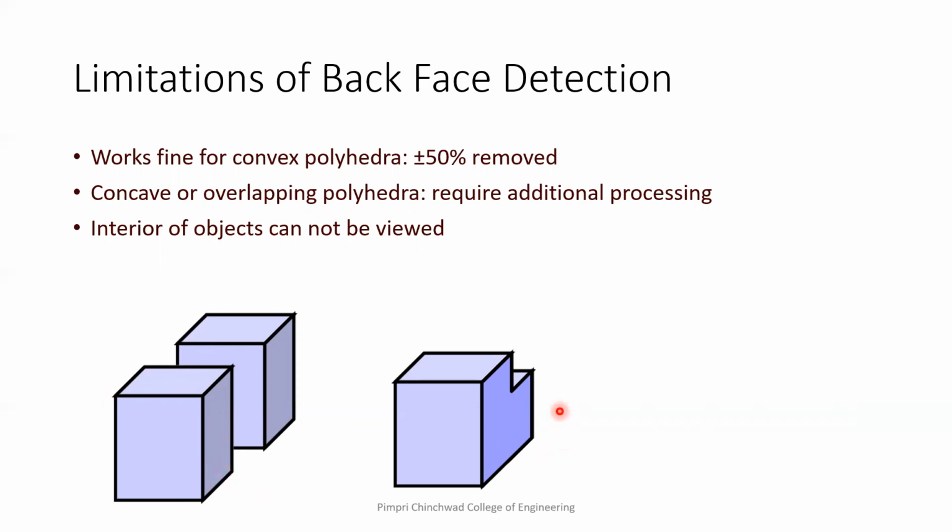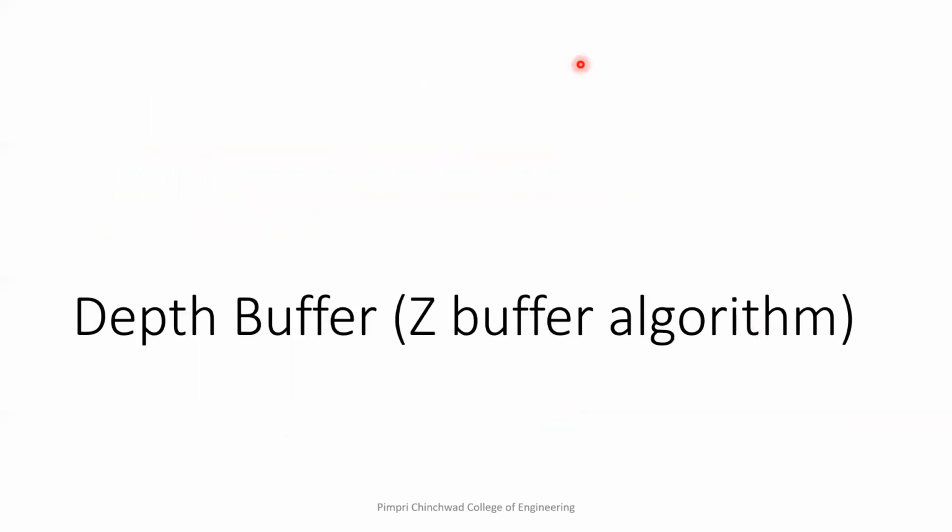If the polyhedra is a complex one, suppose like this, this is one front face, but I can see only this part, right? The raised part we cannot see, but this algorithm cannot remove that part. So for that we need some additional processing. The next algorithm which we will be studying is the depth buffer or the z-buffer algorithm.